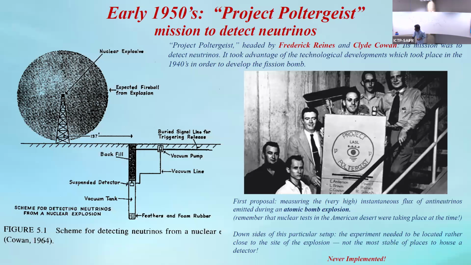That's why the first proposal came from Reines. If the bomb explodes, you put a detector nearby. Whenever it detects lots of neutrinos coming in, it will fall, and there will be feathers and foam where the detector can be stored. That was the first proposal to look for the neutrino, on how to detect it.